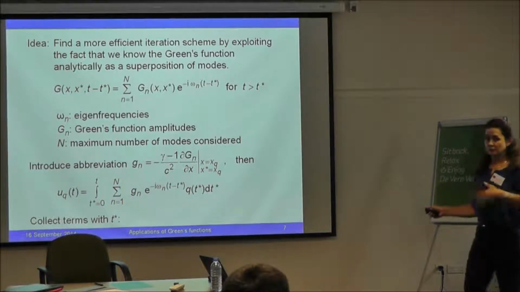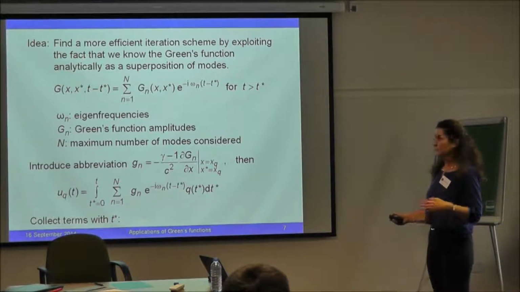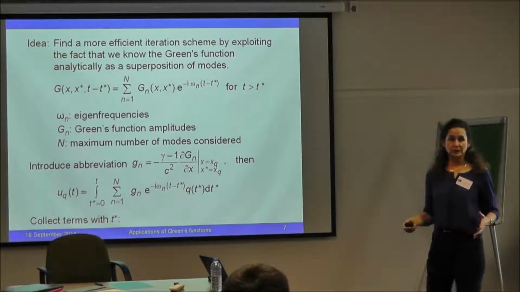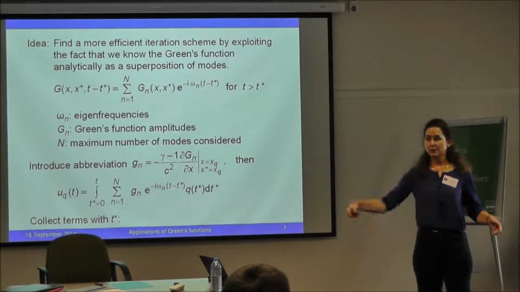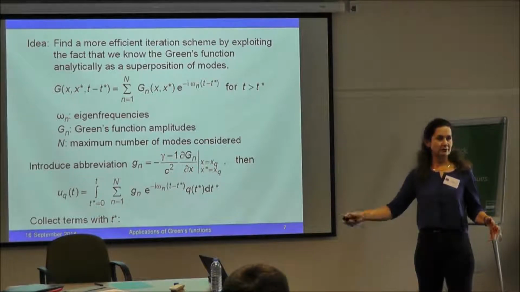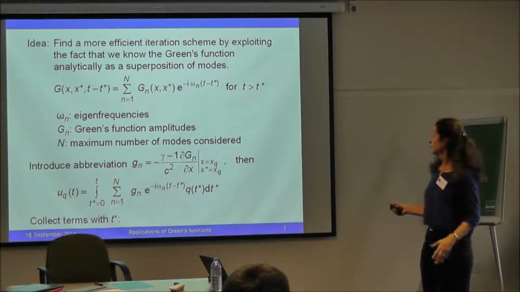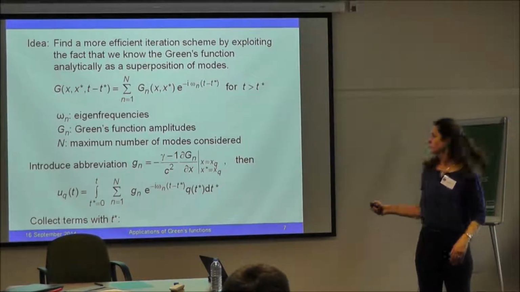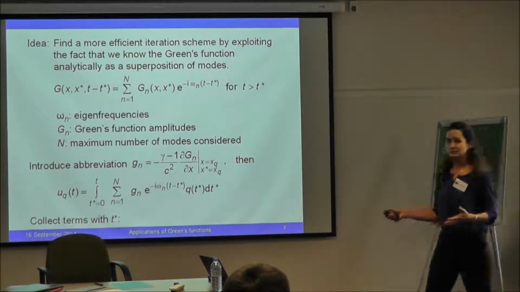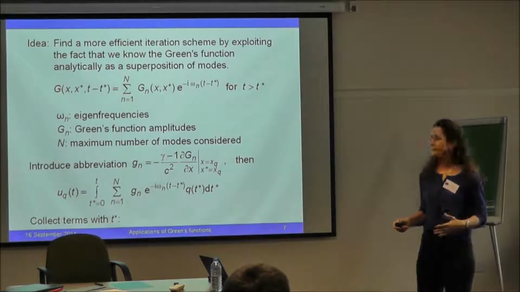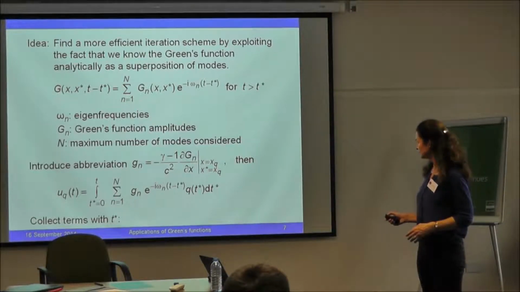Strictly speaking, you have to go all the way to infinity, but in practice you have a certain number of modes, typically the lower modes, which are important, and after about the third or fourth or fifth mode you can forget it. So the N would be whatever, depending on the actual situation, and it has an easy physical interpretation. You can get it from the physics of the problem.